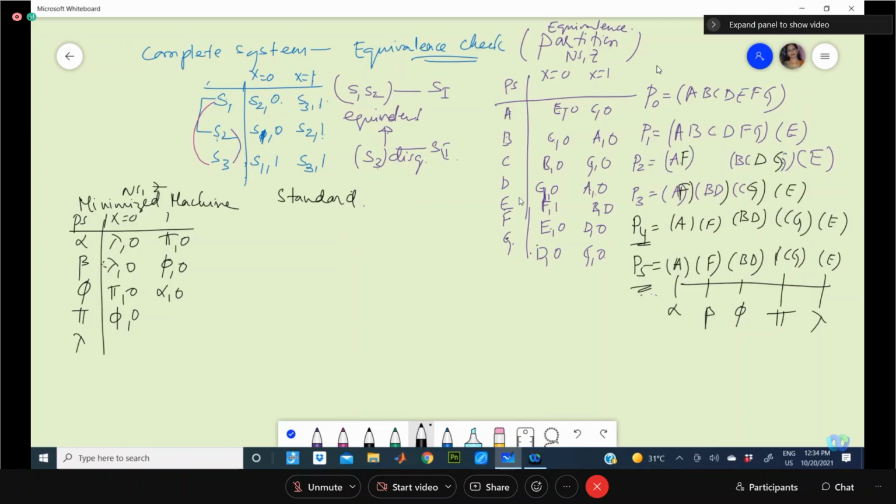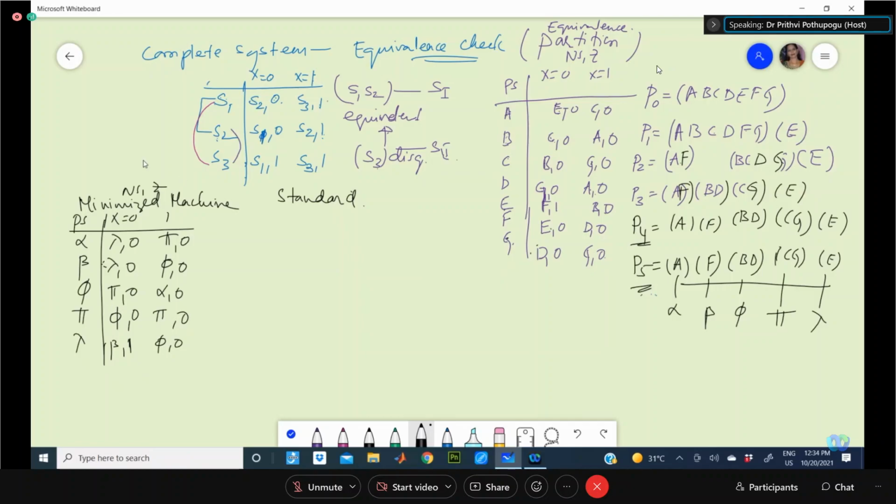G and G goes to G. Next, what is left over for us? E. E is going to F. F is beta 1. Next, F is going to B. B is phi of 0. This is the minimized form.